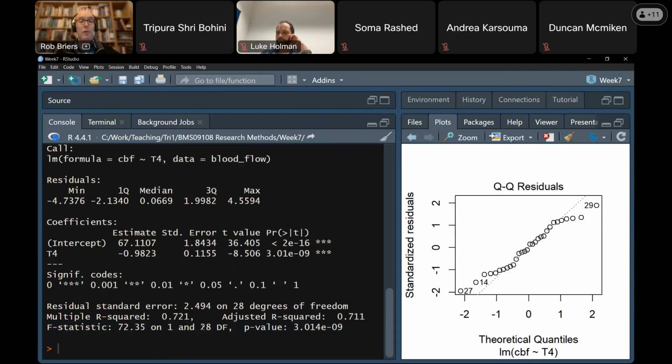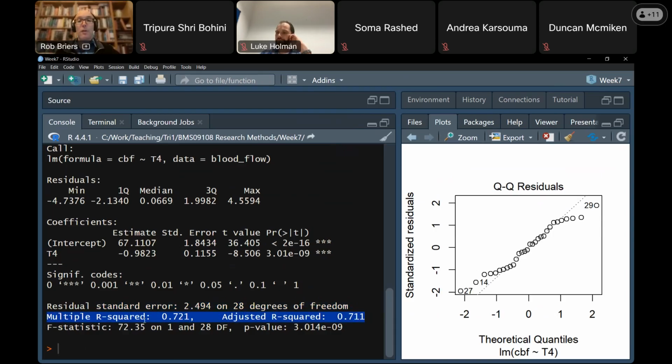So here we've got a significant regression. You'd summarize that with F 72.35, DF is 1, 28, and the p-value is pretty small there. So we've got a significant regression there. So next up are these 2 values of what's known as R squared.